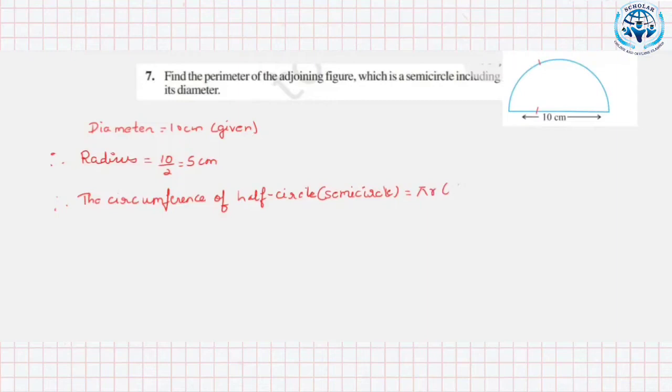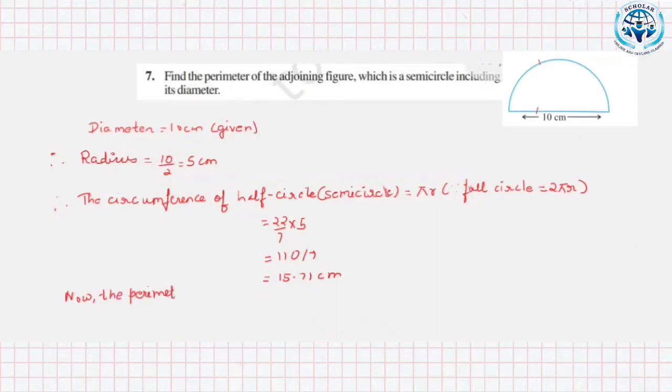Circumference of the half circle will be pi r. 2 pi r upon 2 is equal to pi r. Putting the given measurements, 22 upon 7 into 5. It is the circumference of the half circle. 110 upon 7, 15.71 centimeter.